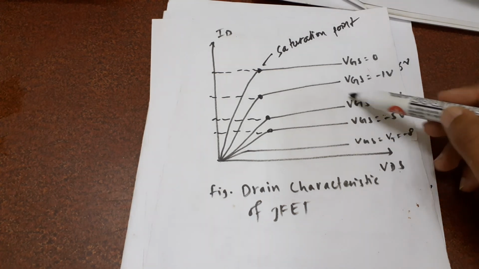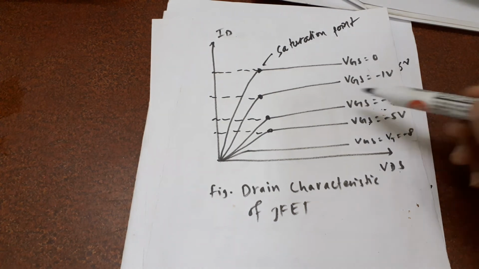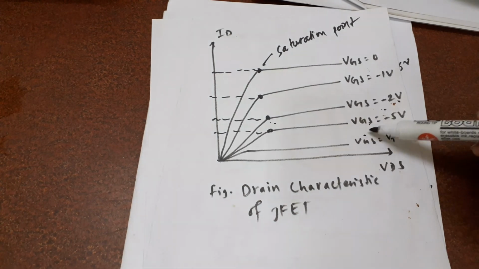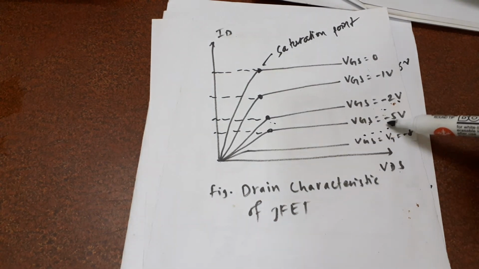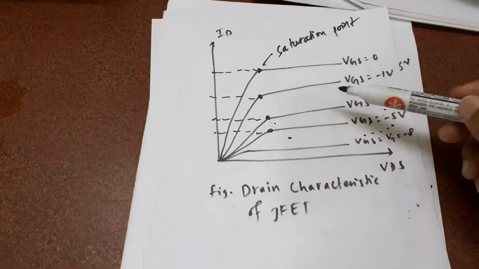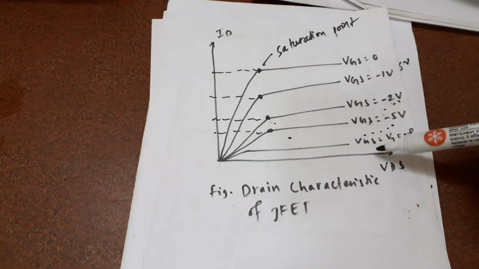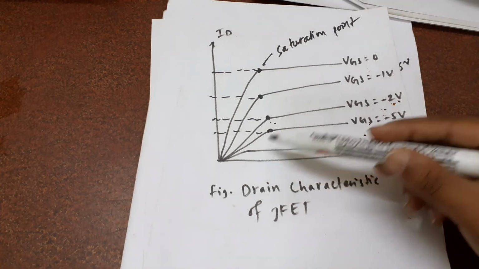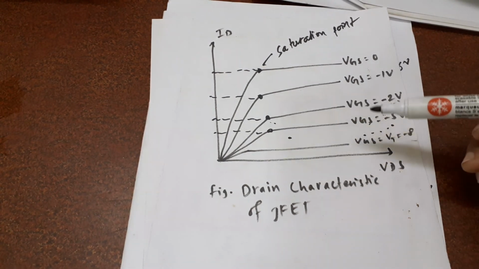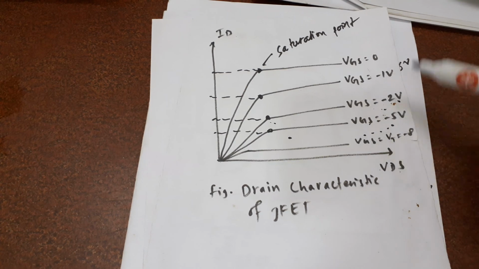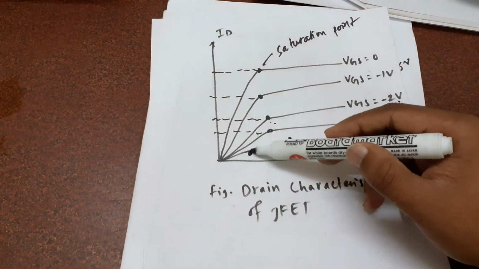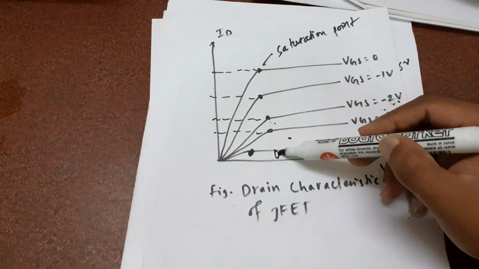So when VGS is minus 2 volt, then current gets pinched off at an even smaller value, and when VGS is minus 5 volt, then even smaller. And one condition occurs when the negative voltage is large enough that the current cannot increase significantly from drain to the source terminal. That condition is called cutoff condition.